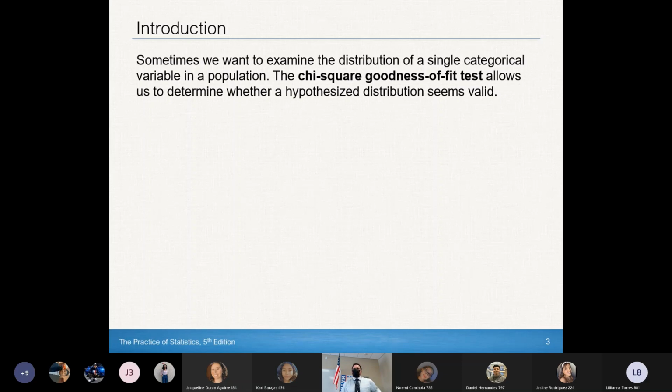And the chi-square goodness of fit test allows us to determine whether a hypothesized distribution seems valid. In other words, it allows us to determine if what the company says the distribution is of the different colors is actually true. Or do we have evidence of the contrary, saying that what they say the proportion is not what it is?